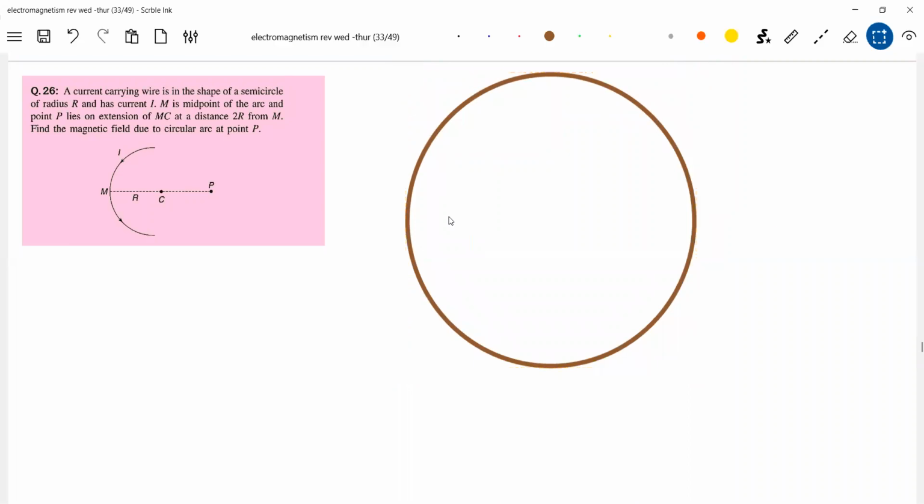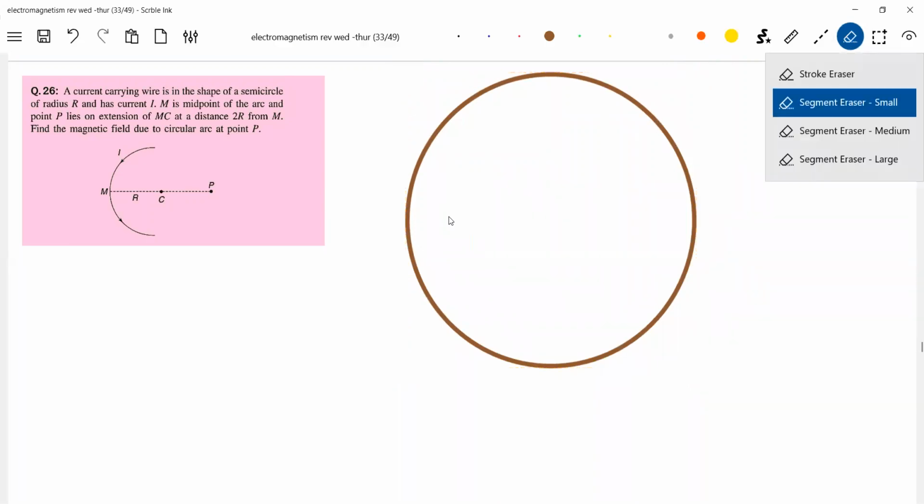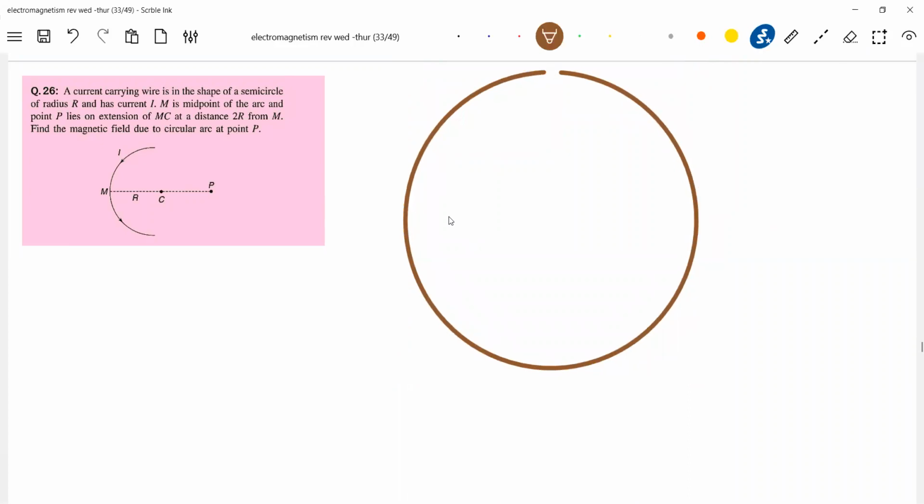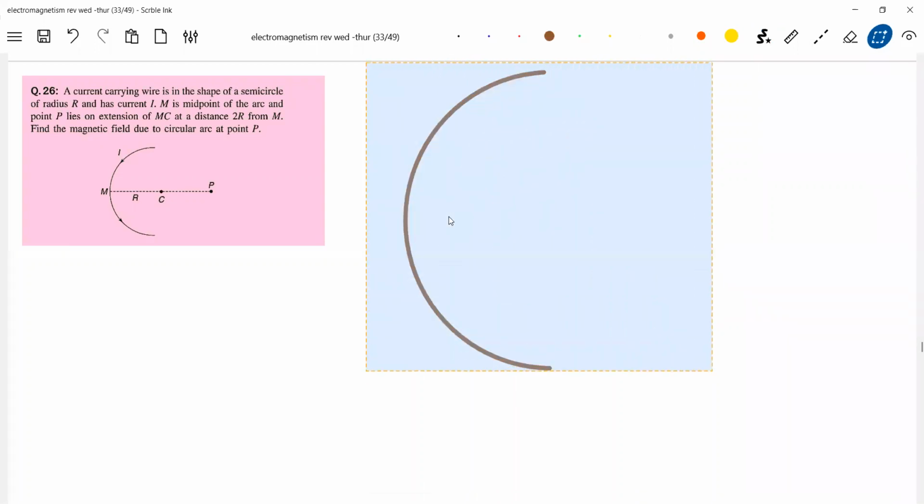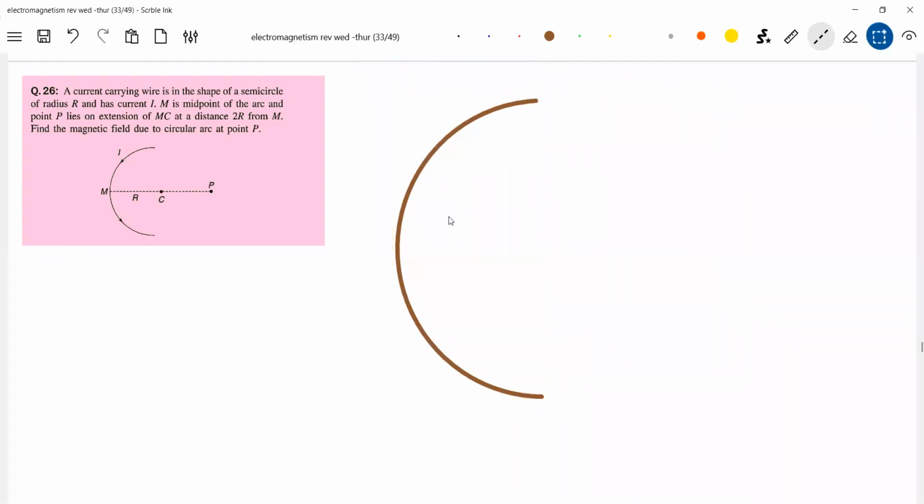Already you came across such a thing in electrostatics, if you can remember. This is asking that to be on the circumference. So if you finish off this circle, it will not be needed.